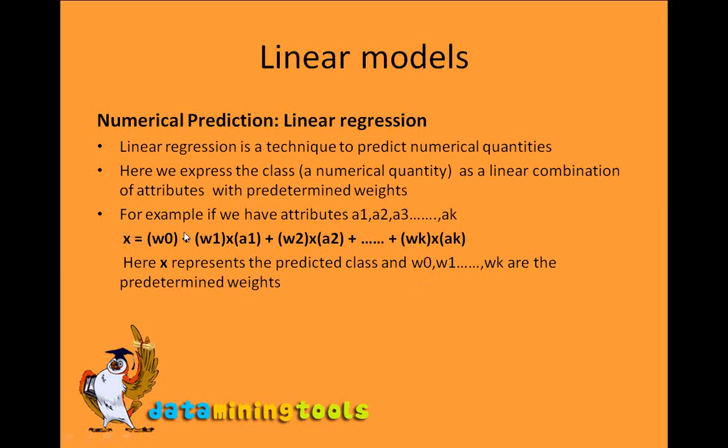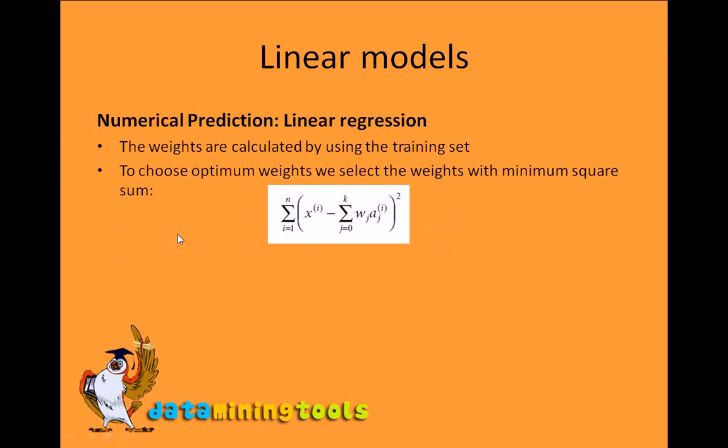So we have w0 plus w1 into a1 plus w2 into a2 till wk into ak. If we have the weights w0 to wk, and since a1 to ak we get from the instance which needs to be predicted, we can have the predicted value of x. How do we determine these weights?